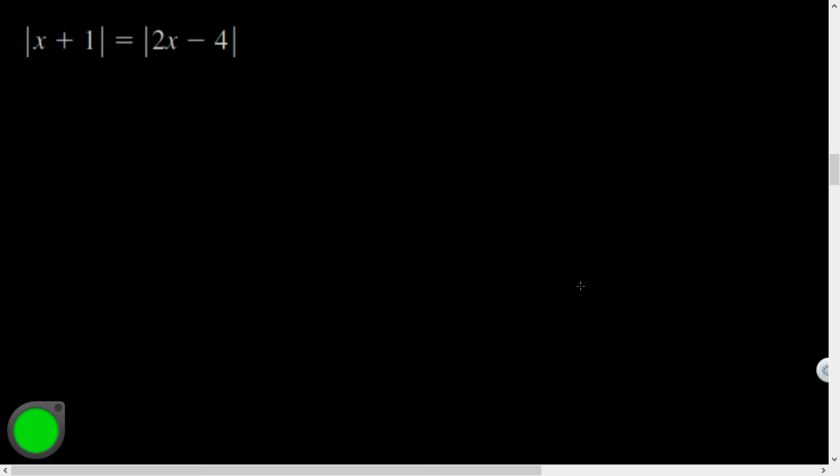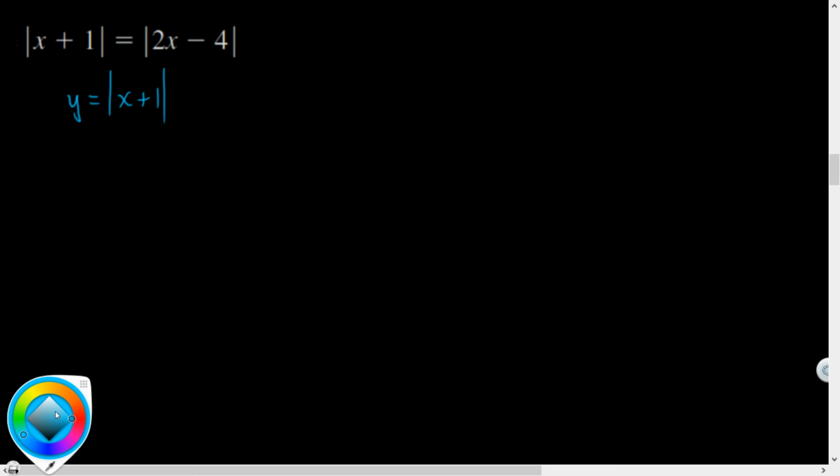Yeah, sometimes for some of these, you could. Now, this is what I was going to do, and this was the mistake that I made when you first saw me, because I'm thinking of it this way. I was going to write this as 2 separate absolute value equations. I was going to write this and this.